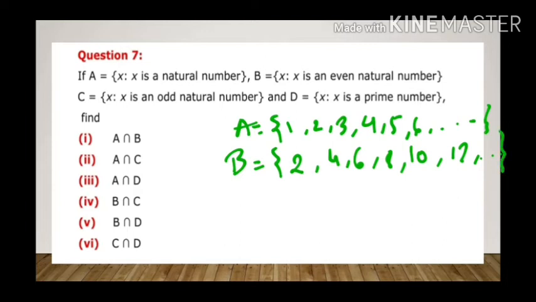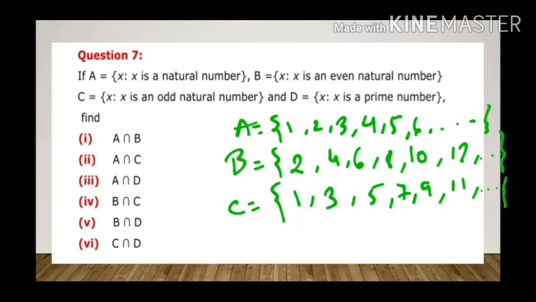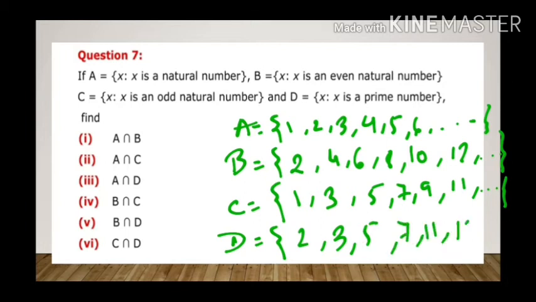C is the collection of odd numbers, means 1, 3, 5, 7, 9, 11 and so on. And D is the collection of prime numbers, means D will contain 2, 3, 5, 7, 11, 13 and so on, all the prime numbers.